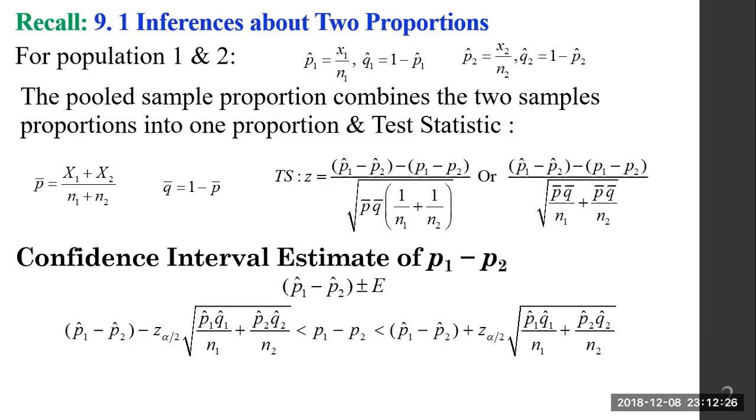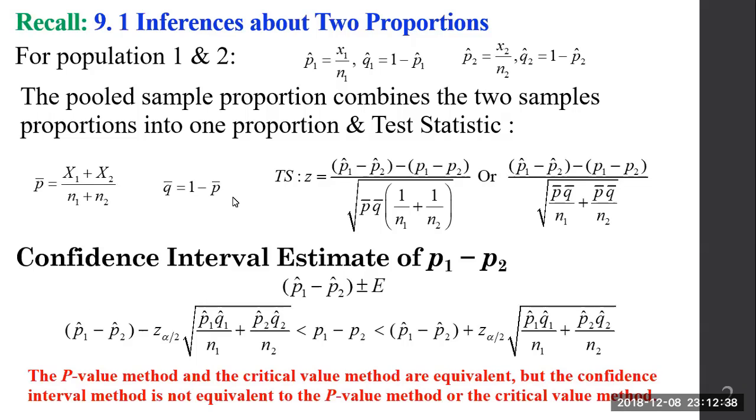And as far as the test of hypothesis is concerned, the 4 steps discussed can be used. So when we deal with a proportion, the p-value method and the critical value method, you remember the p-value compares areas and the critical value method compares numbers. They are equivalent.